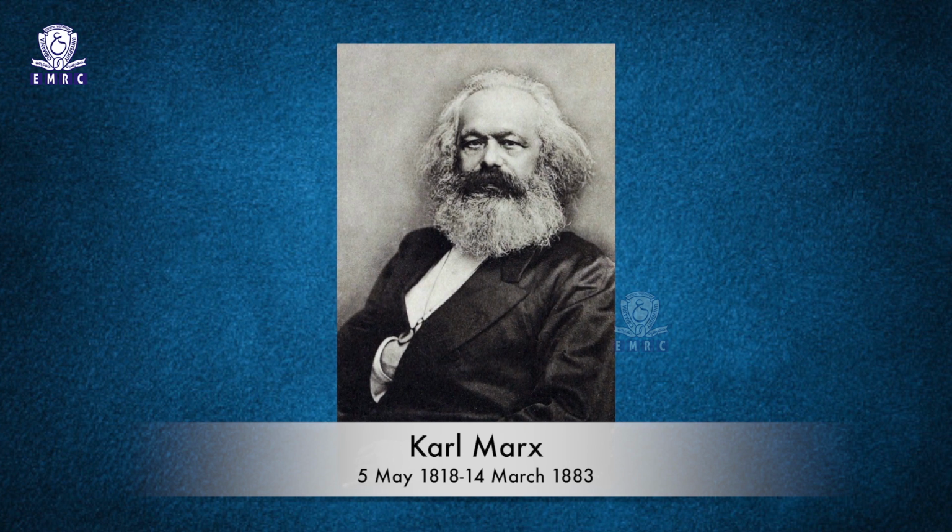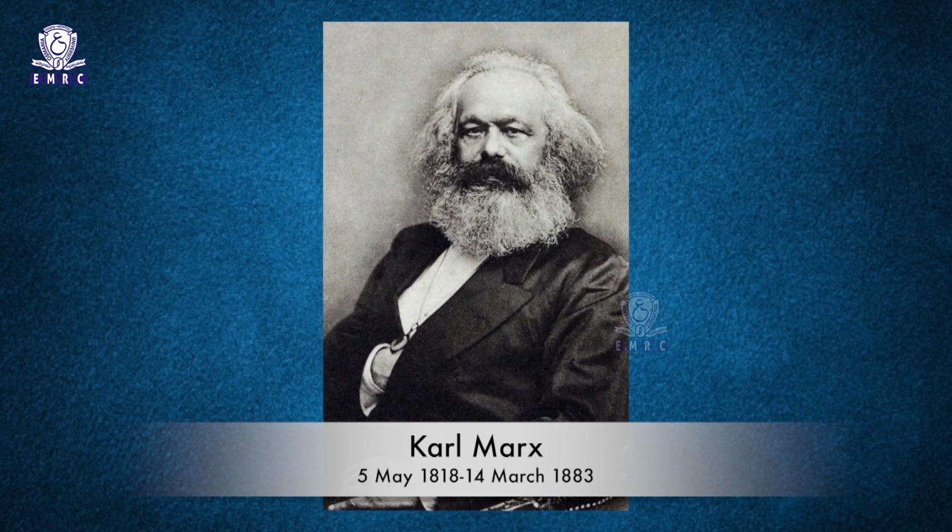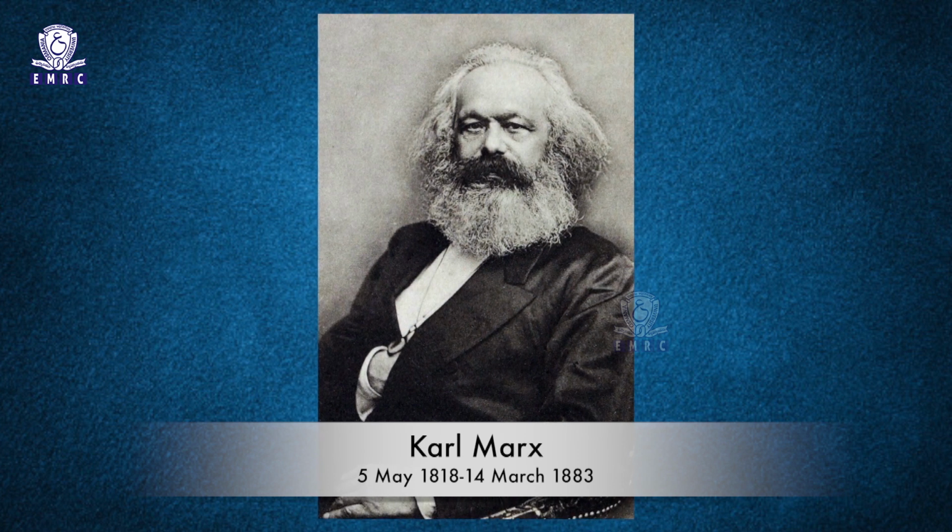Now let us discuss the evolution of society and modes of production. According to Marx, the nature of society and its structure depends very much on the mode of production. Marx spoke in terms of 5 stages in the development of society, which correspond to 5 consecutive modes of production.